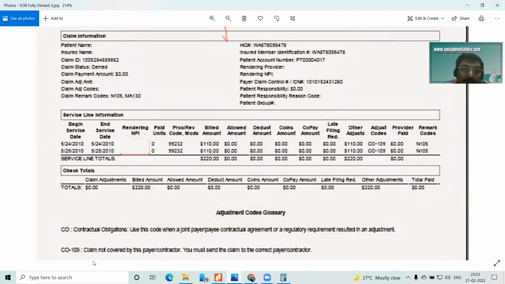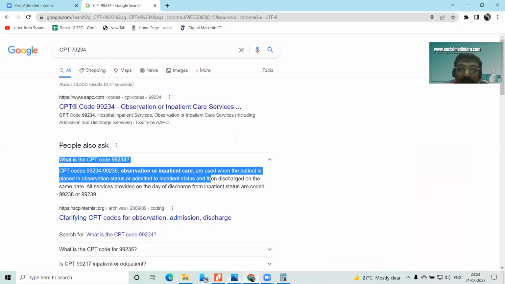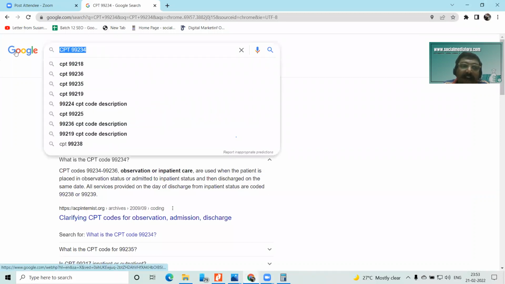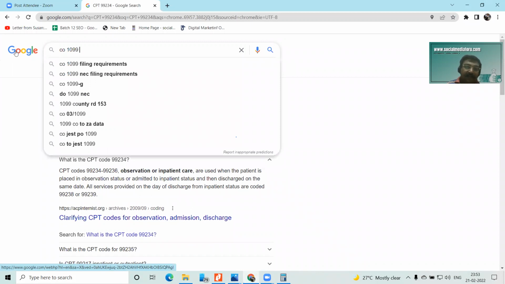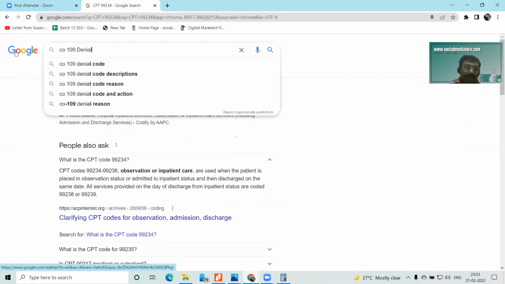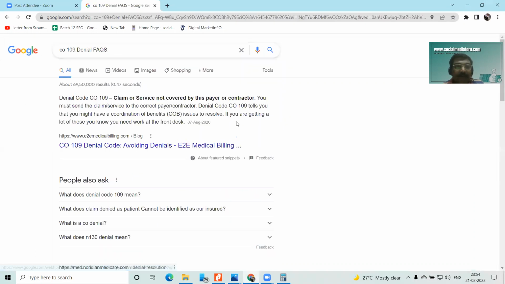CO109. Okay, here you have the patient account number, insurance ID, the control number, all those. So what you can do is call the insurance company and check. The common question: claim not covered by this payer as per the contract.